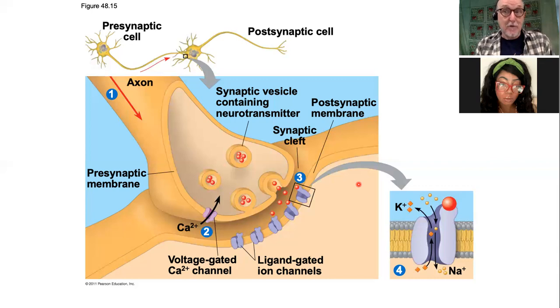We are moving through our discussion about nerves and the nervous system. This is where we ended last time, and I've described here what happens at the axon terminal.